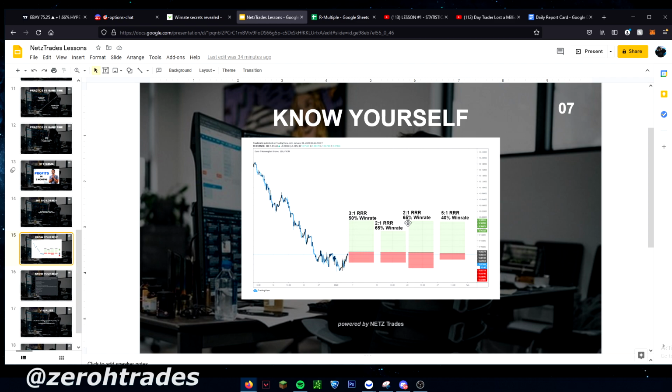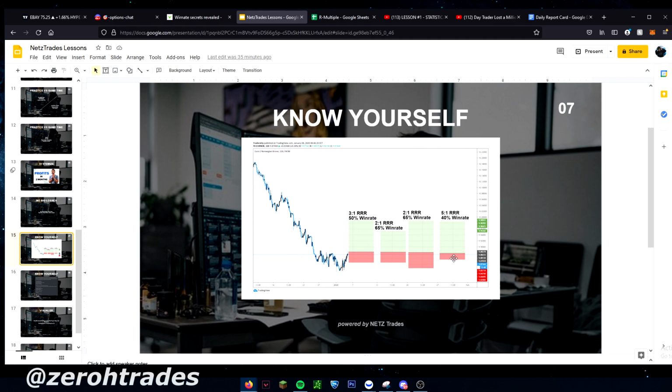For John, the strategy that would fit him would be a 2-1 risk to reward. And you can see here, the red is the thing that's getting adjusted. Based on that, your win rate is going to change, your risk to reward is going to change, and planning your trade is going to differ because now your price target might differ and your stop loss is going to differ.